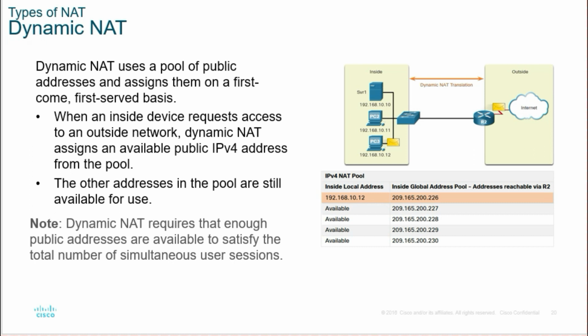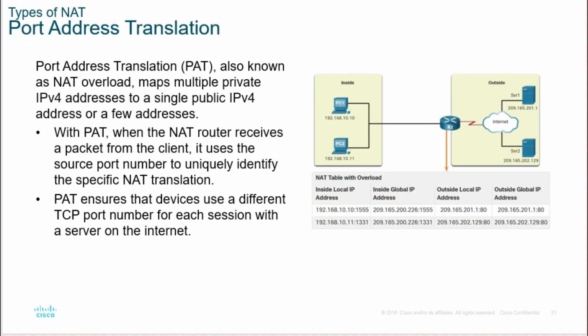So when the router receives a request ni, bila dia terima a packet going to the outside world, dia pun ambil salah satu IP yang available daripada pool dan dia tukarkan, dia buat translation. Okay, once this connection is over, the available IP will be returned to the pool for use by other machines. Bear in mind that this translation is still a one-to-one mapping.